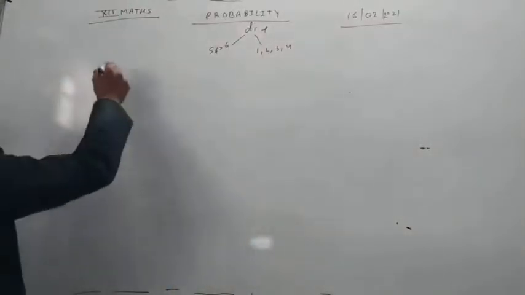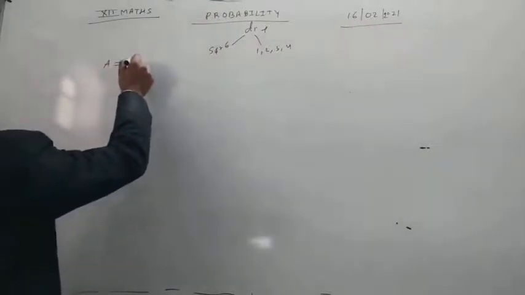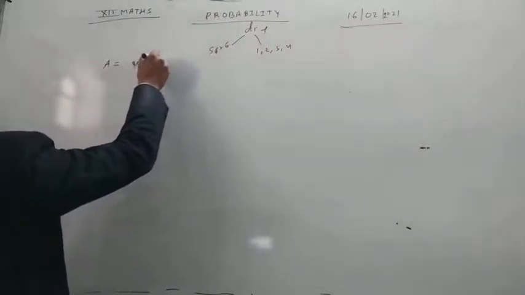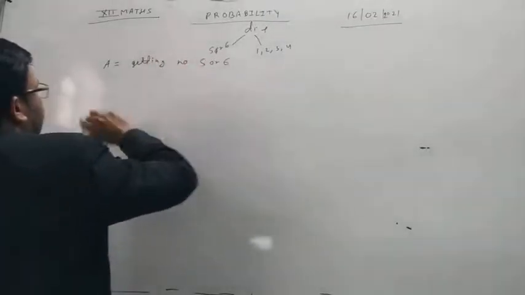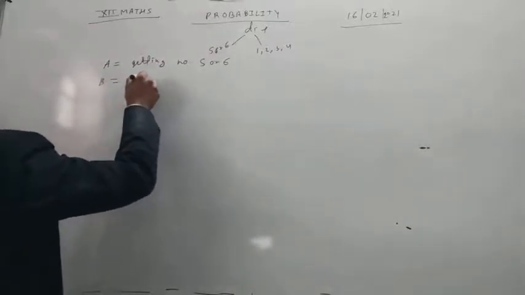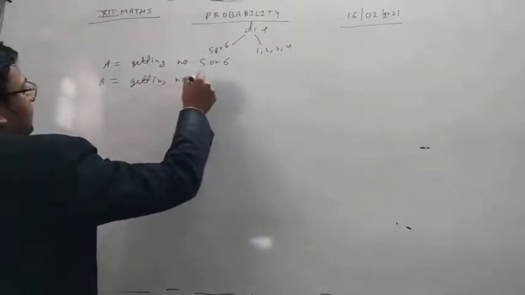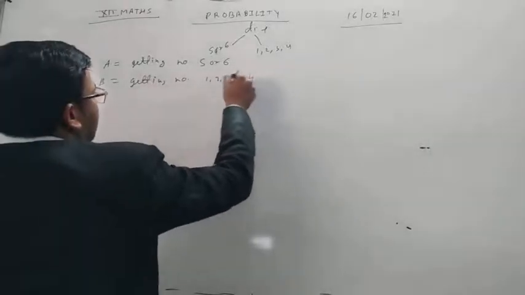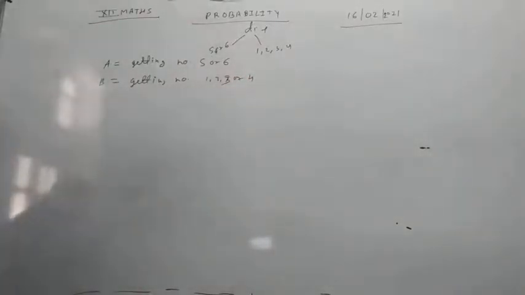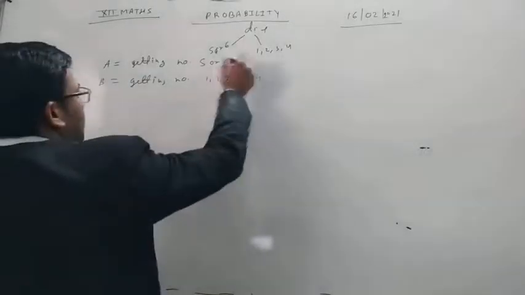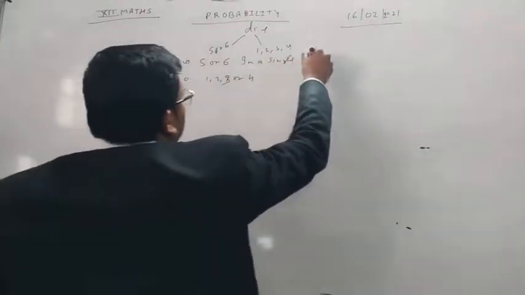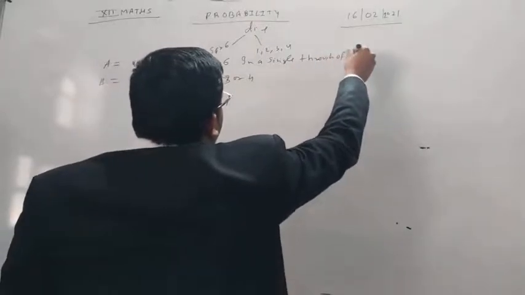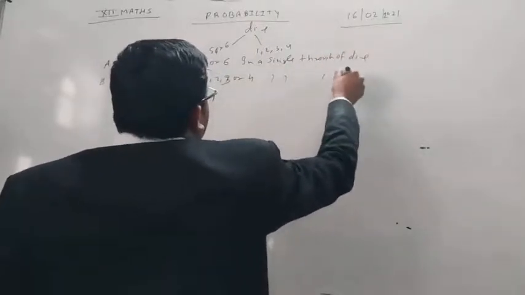So we first make the events: A event is getting number 5 or 6, and B event is getting number 1, 2, 3 or 4. Okay friends, and in both cases, this happens in a single throw of the die.